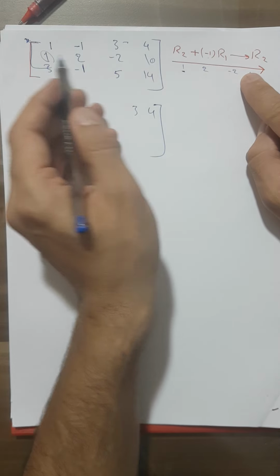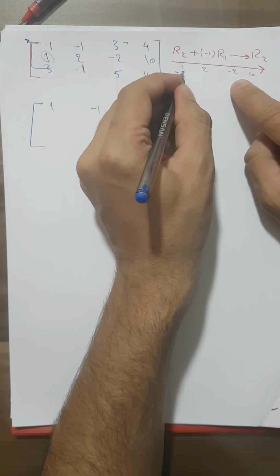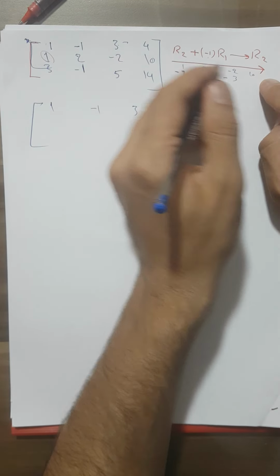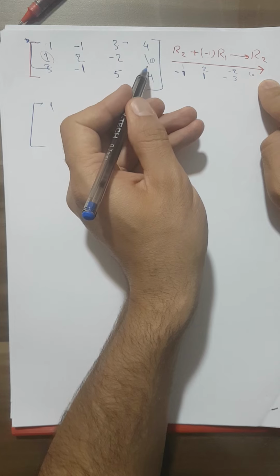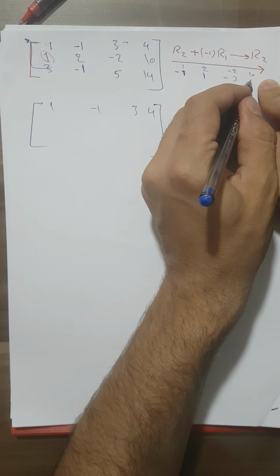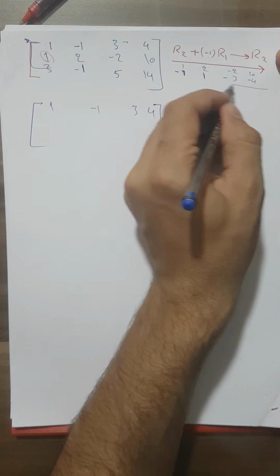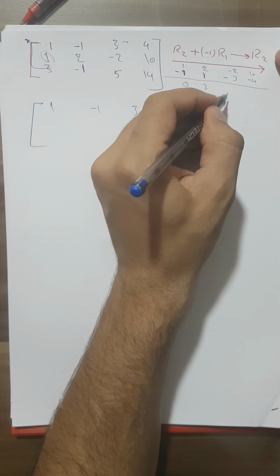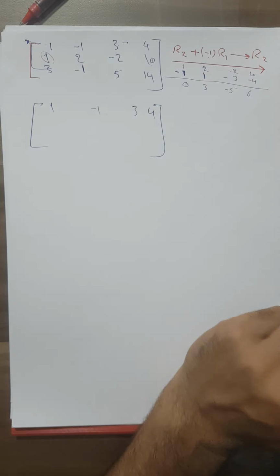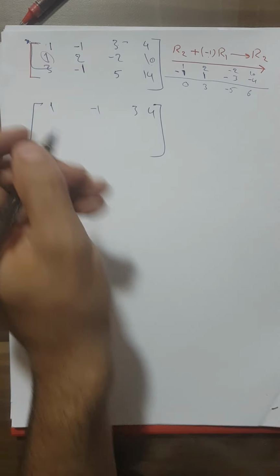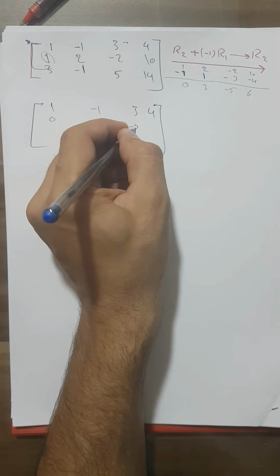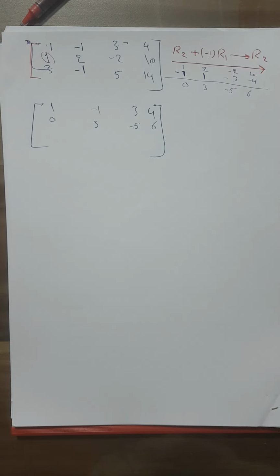I multiply R1 by minus 1, so minus 1, plus 1, minus 3, minus 4. Now add them. So I'll get 0, 3, minus 5, 6. You write it down like that.